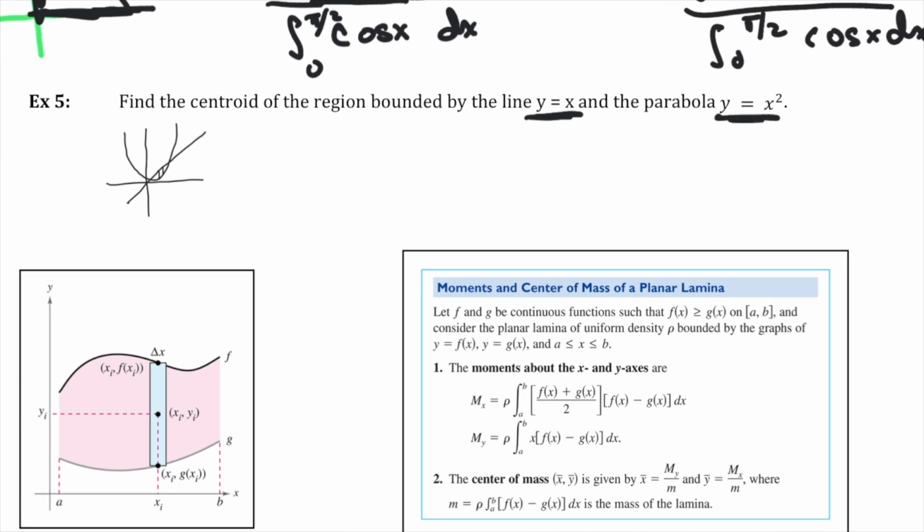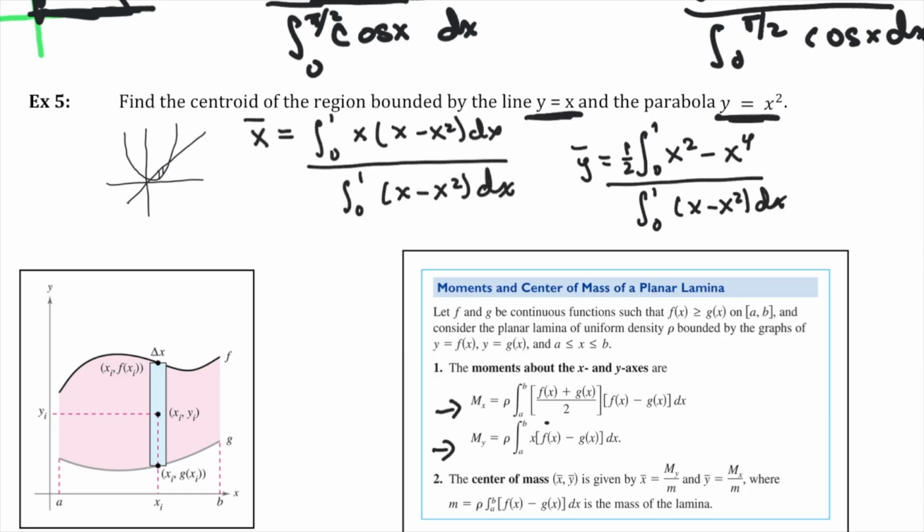We're going to use a new formula, which is going to be f of x squared minus g of x squared, all divided by 2 for your moment about x, and your moment about y is going to be x times f of x minus g of x. So those are some small changes for this problem. Go ahead, try to set this one up, and let's see what you can do.